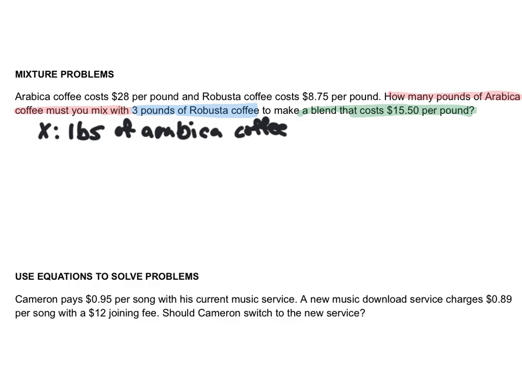Now, here's what I know, is that I have $28 per pound for Arabica coffee, all right? Robusta coffee costs $8.75 per pound.